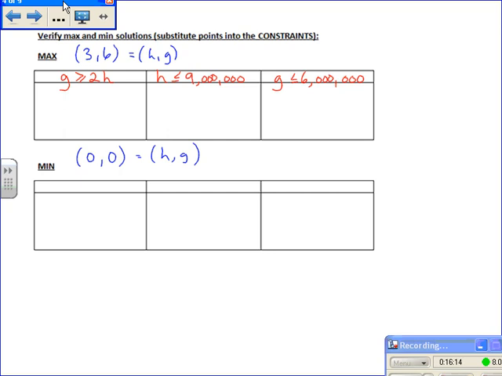Okay, so let's go ahead and do the first one. G has to be greater than or equal to 2 times H. So G here is 6, or 6 million. I should keep in mind that I'm talking about millions of liters. So 6 million must be greater than or equal to 2 times H, and H is 3 million.